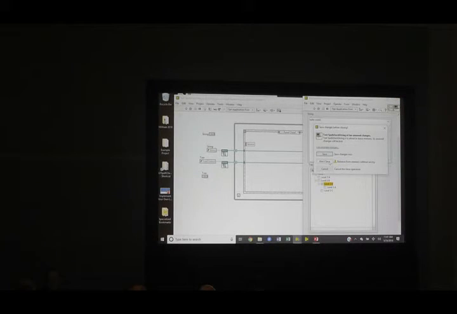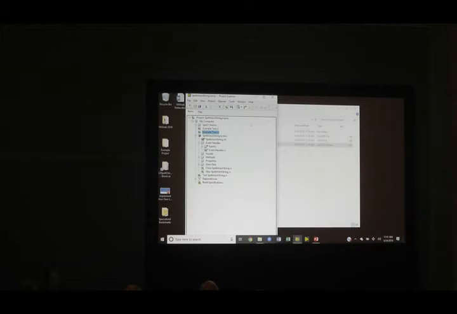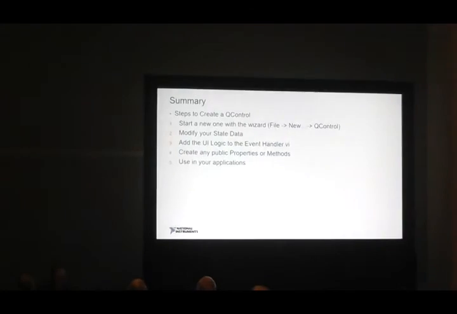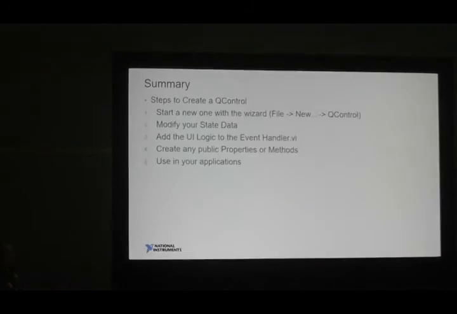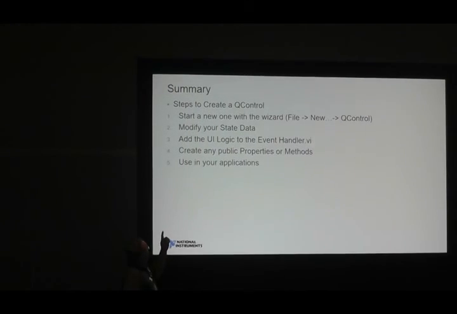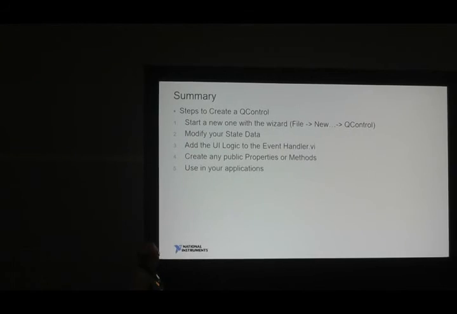All right, so I showed you how easy it was to create a new one. Let's go back to the presentation now. So, in summary of the demo, this is the first of two summaries actually. To create a new queue controller, you start with the wizard, going to new and queue control, and then you modify the state data if you need to.